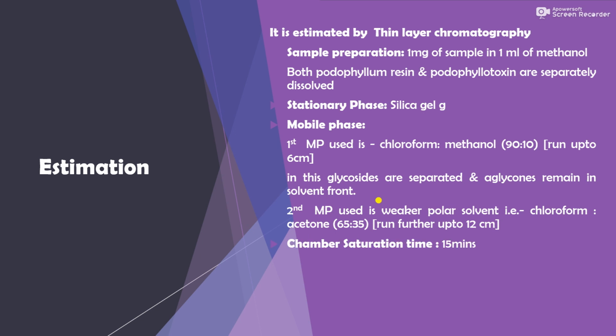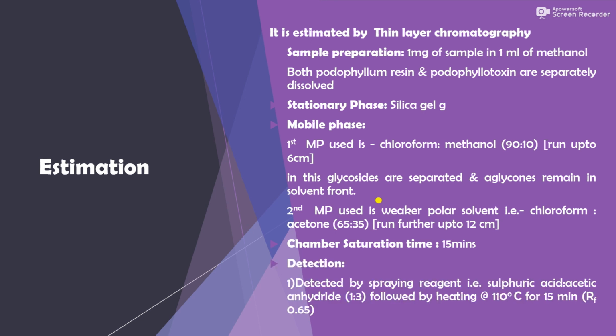The chamber saturation time is about 15 minutes. Detection is done by spraying reagent, that is sulfuric acid and acetic anhydride 1 to 3, followed by heating at 110 degrees Celsius for 15 minutes, which gives an Rf value of 0.65. So this is about the estimation.